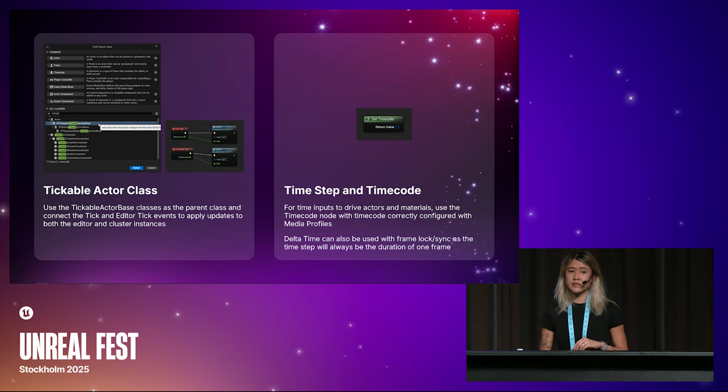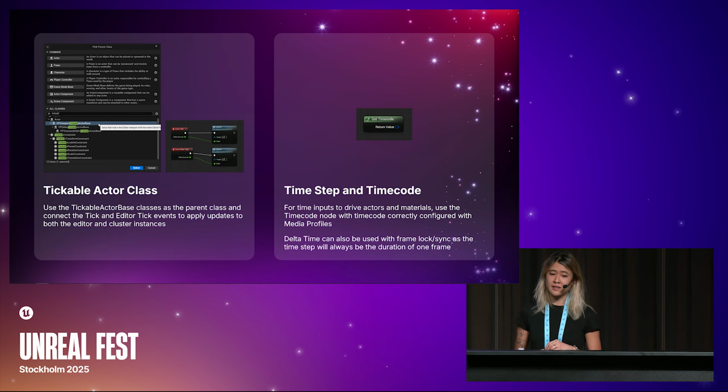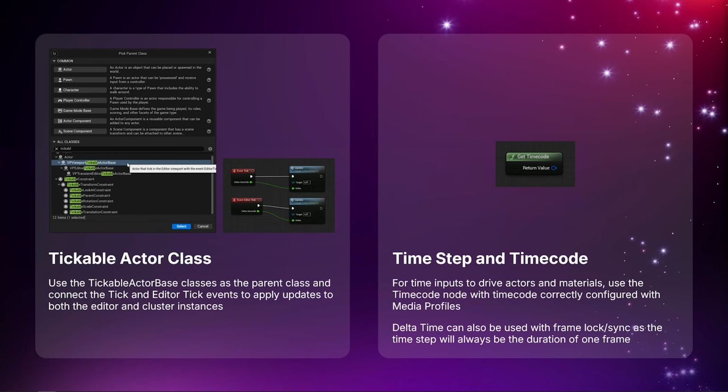The way I usually go about making blueprints for the system is to use the tickable actor class as a base. Usually the first one, the one that's highlighted, the VP viewport tickable actor base, works both in editor and on the wall, so you can see it updating in your editor on tick as well.